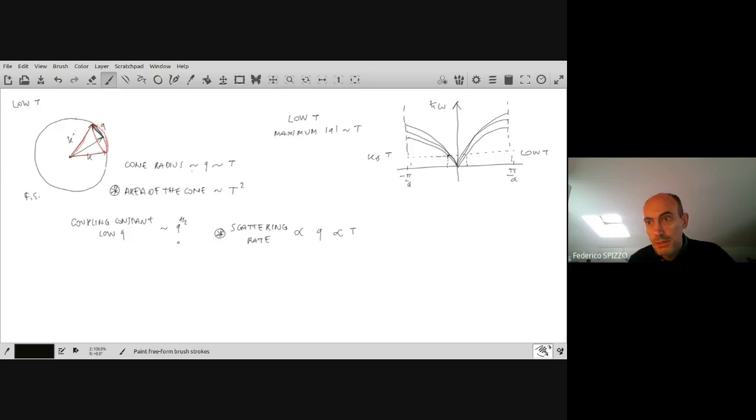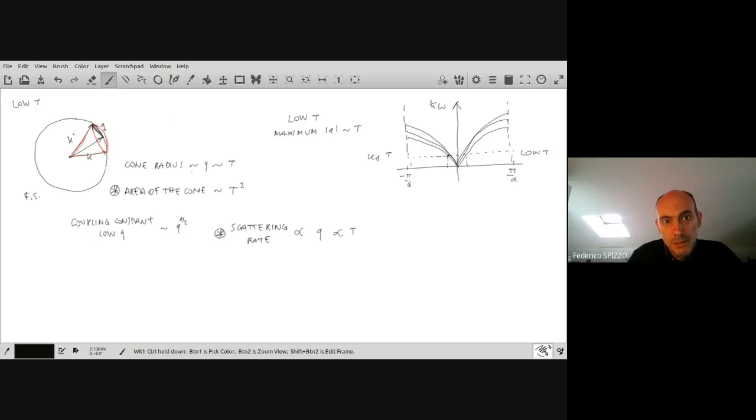But we need to consider also another term when evaluating the dependence of the resistivity on temperature in the low temperature limit. Because the change in velocity of the electron after the interaction depends on the fact that the velocity is related to the gradient of the energy.